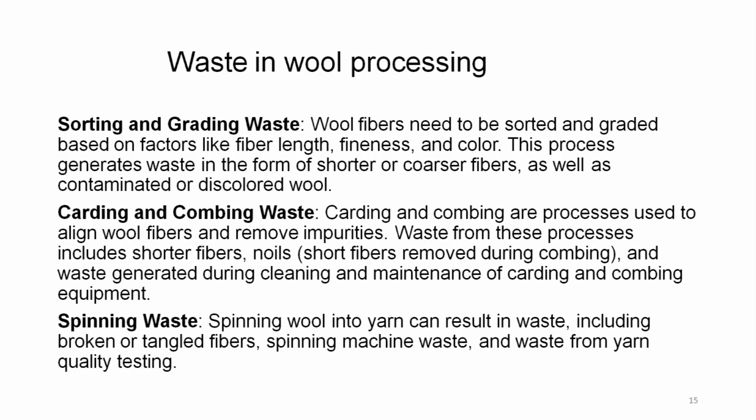Carding and combing waste. Carding and combing are processes used to align wool fiber and remove impurities. Waste from these processes includes shorter fiber noils, that is short fibers removed during combing, and waste generated during cleaning and maintenance of carding and combing equipment.